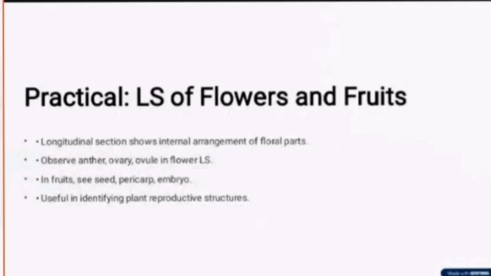So if you bring a fruit, the fruit has three parts. You can divide the fruit into three main parts. Hope you are still together, right? So the outer part is called the epicarp. Epicarp is what? The outer skin.